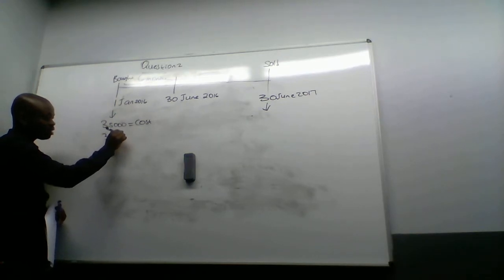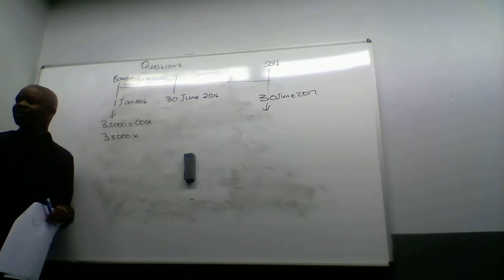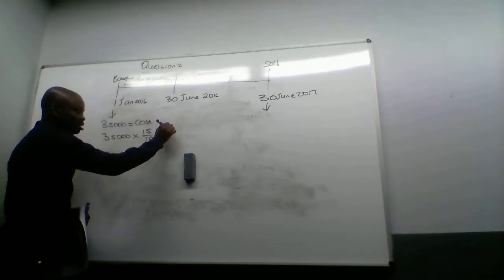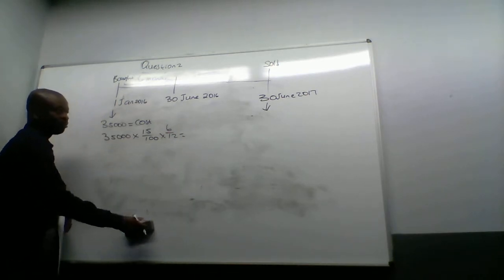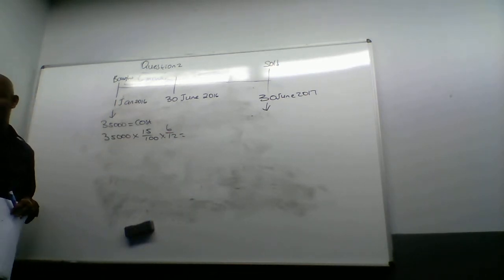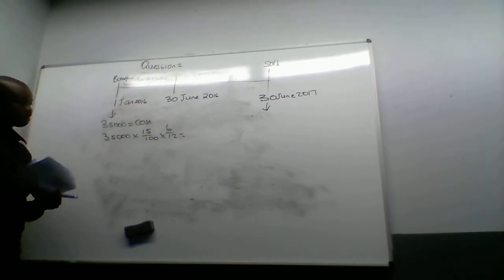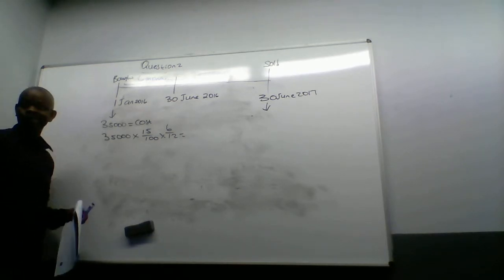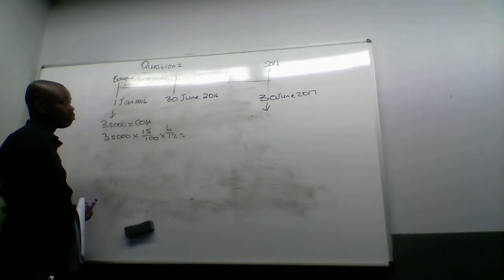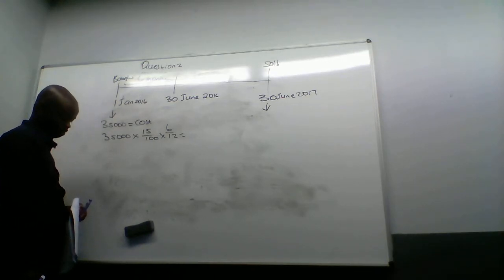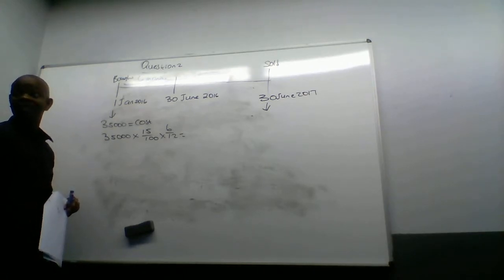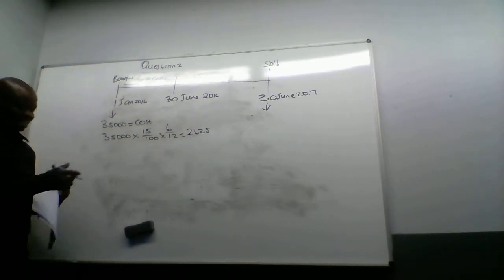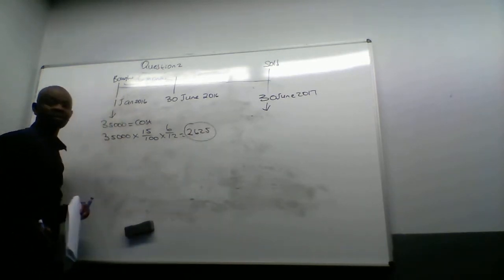Depreciation is 35,000 times 15 over 100, times 6 over 12. 2625. Any question, guys? That is the depreciation for this period.